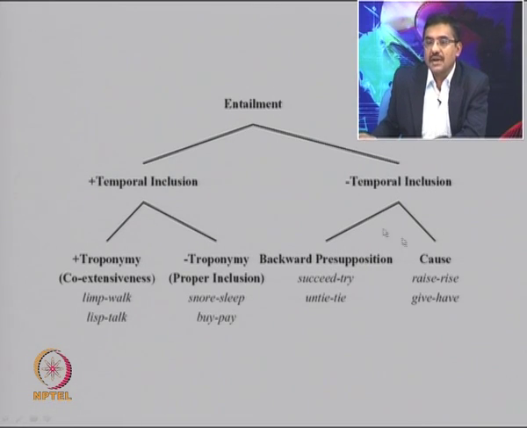Similarly, cause and minus temporal inclusion, example is raise and rise. Somebody rises if he is raised, and give and have, somebody can have if something is given to him, or somebody can give something if that something he has.